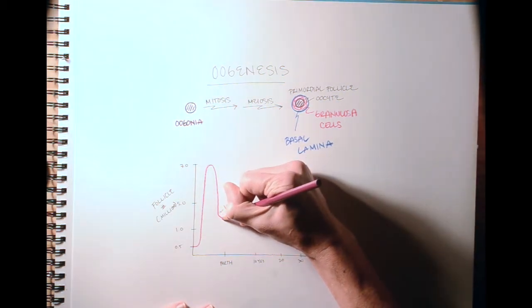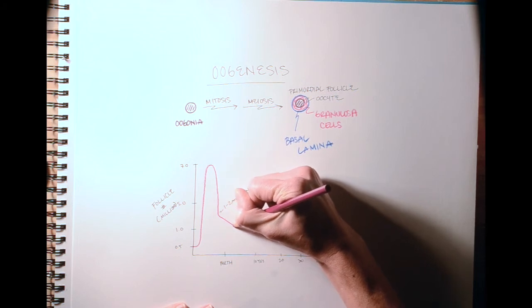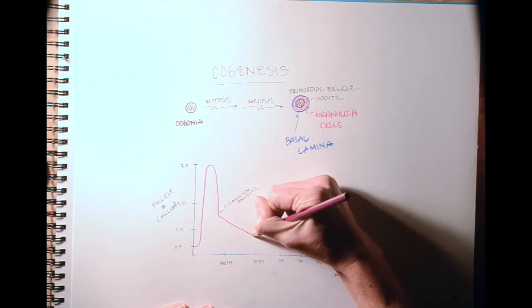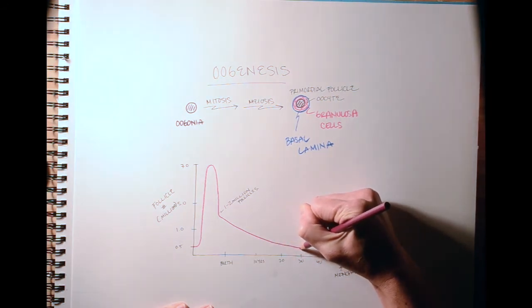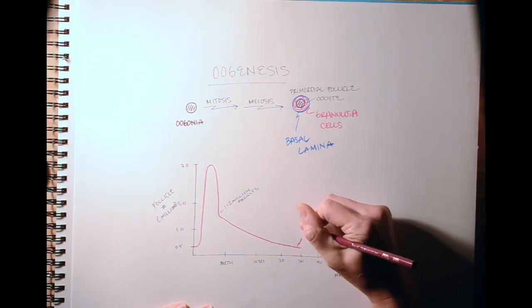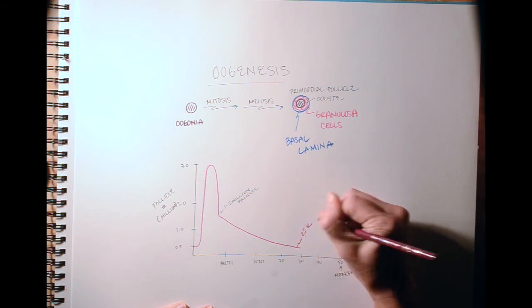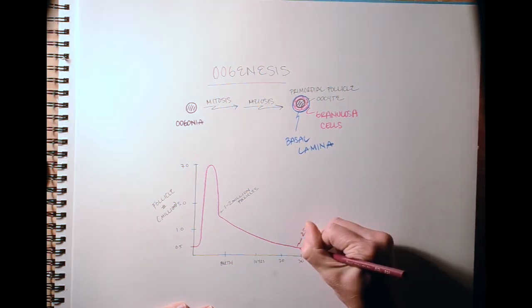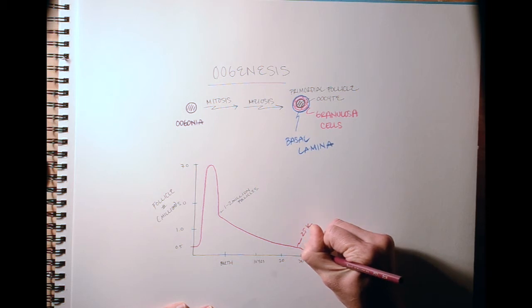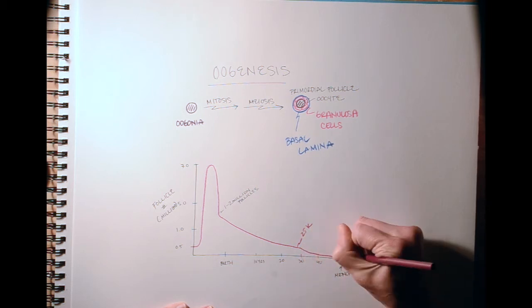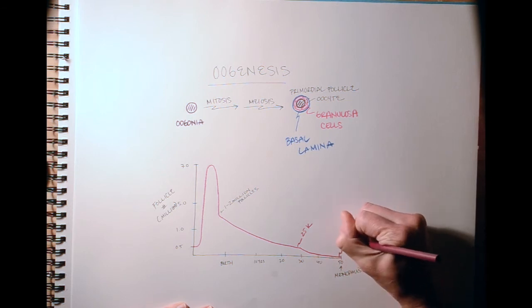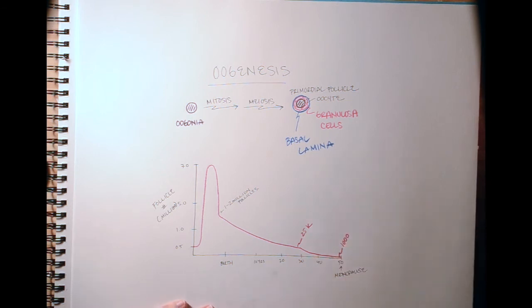So over time, we're depleting this pool of follicles on a regular basis, such that by the time we hit about 30, there's approximately 25,000 follicles available. And then the rate of decline goes quite precipitously from there, so that at about 50 we have roughly 1,000 follicles.